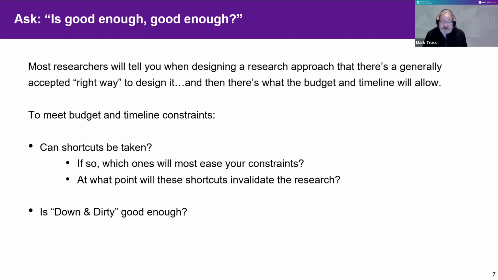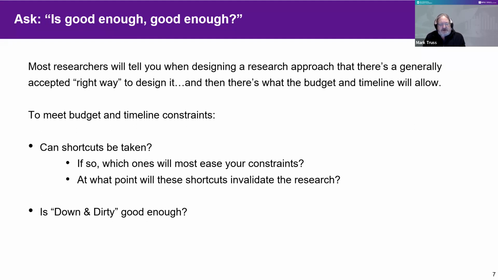Now, I think most researchers and data people will tell you that when designing an approach, there is generally an accepted right way to design it. And then there's what the budget and the timeline will allow. To meet those constraints, this happens to me in the office all the time.